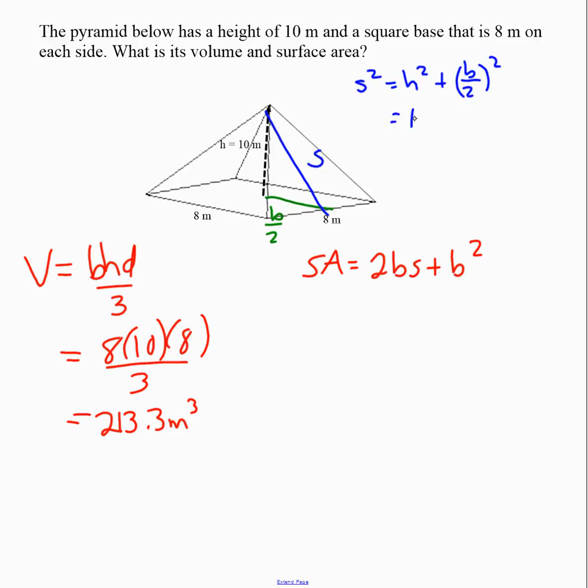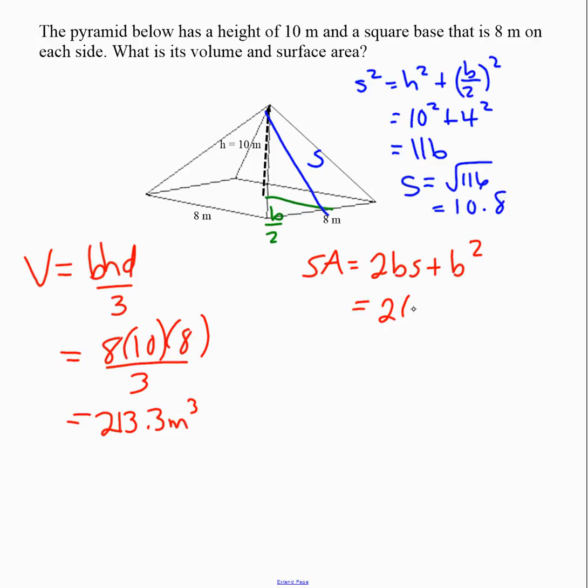In this case, it'll be 10 squared plus 4 squared, and we'll get 116. And then to get slant height, you need to square root that. Remember, if it doesn't work out properly, round it to 1 decimal place, and we'll get 10.8.